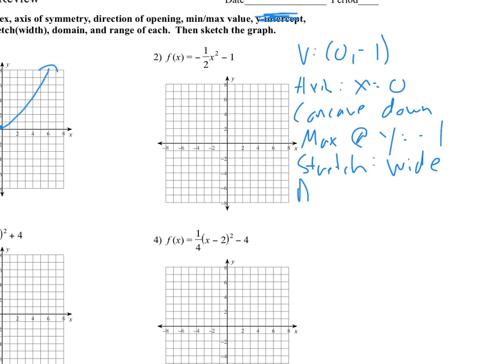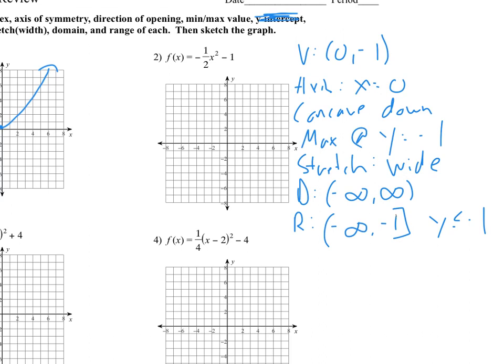Our domain, negative infinity to positive infinity. Range, in this case, since it's going down, it's going to be negative infinity to -1. Oh, I did those backwards. Or y is less than or equal to -1.